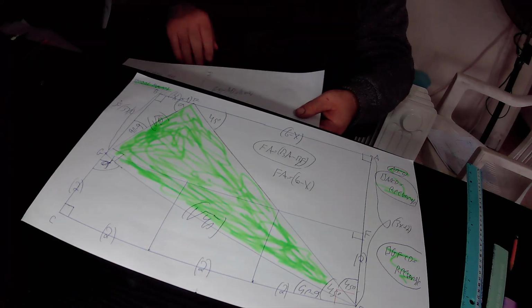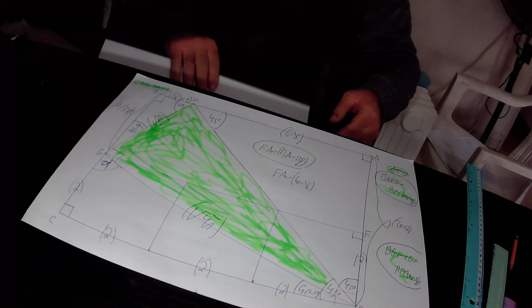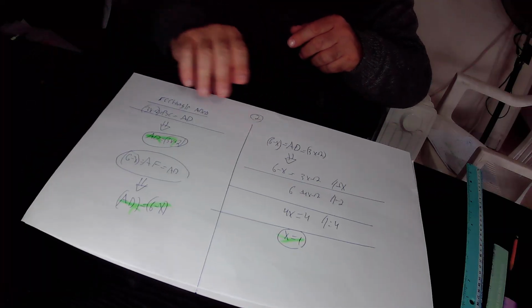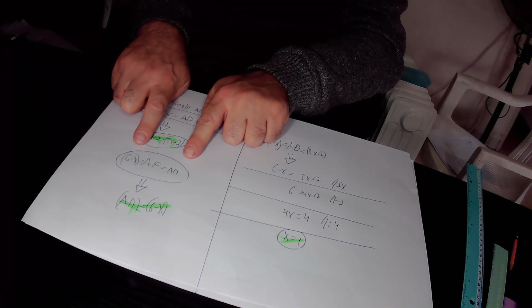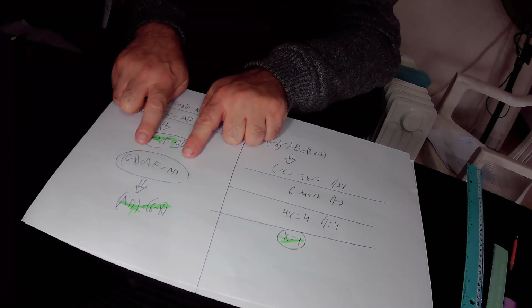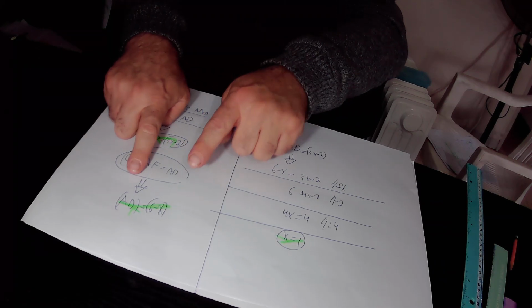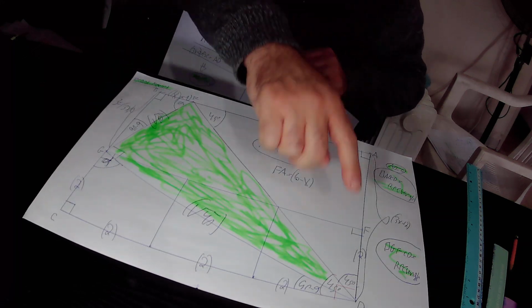But we have already just found out that FA equals 6 plus x. And from this equation, 6 plus x equals AF equals AD. We know that the missing side AD must also be equal to 6 plus x units in its length.